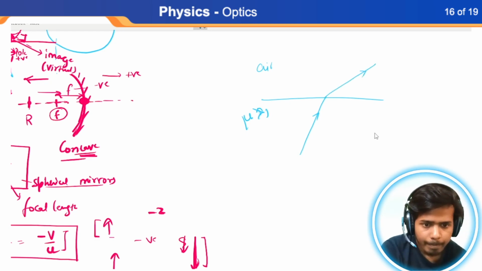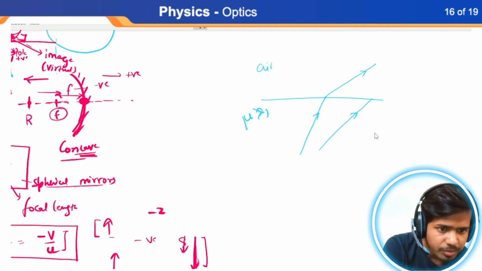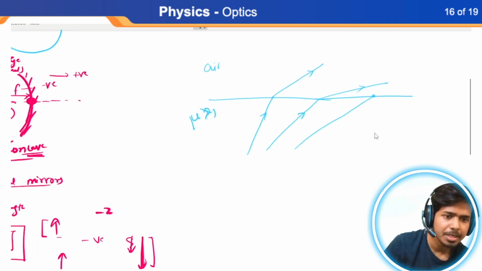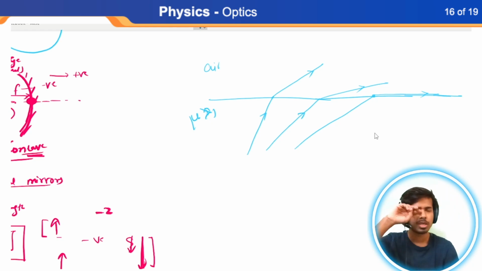Now if I increase the angle further, the light will bend further. Do you realize that there is going to be an angle such that the angle of refraction becomes 90 degrees, and it actually goes in this direction, so it never leaves the surface of water, basically, right?